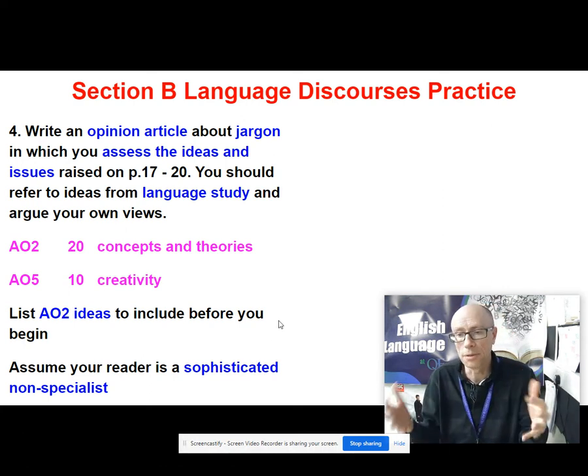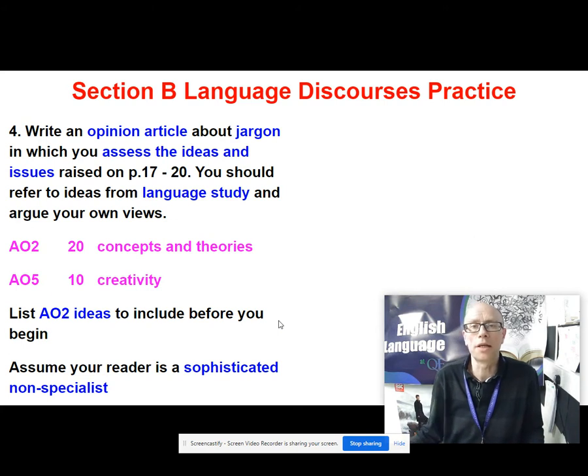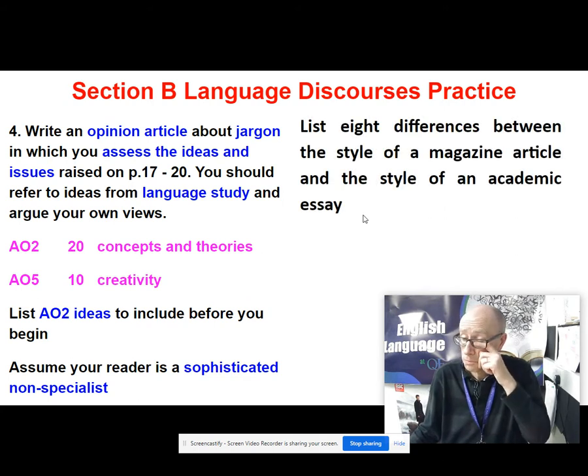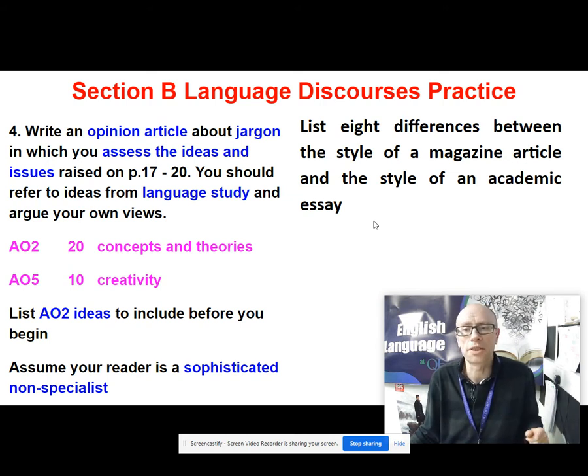That doesn't mean to say that you have to dumb down what you're doing, but it's just that they're not an A-level English language student. So you will need to do some kind of glossing of particular terms. So what I'd encourage you to do is write down some of the generic features of a magazine article that you're going to be doing that make it different from the style of an academic essay.